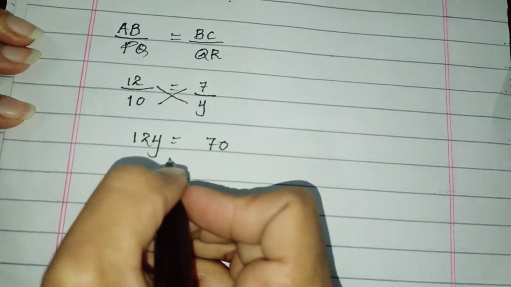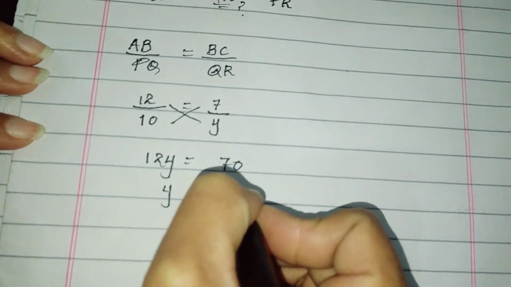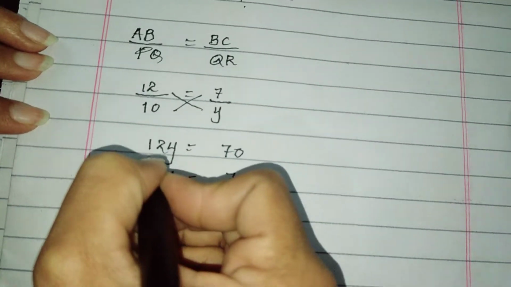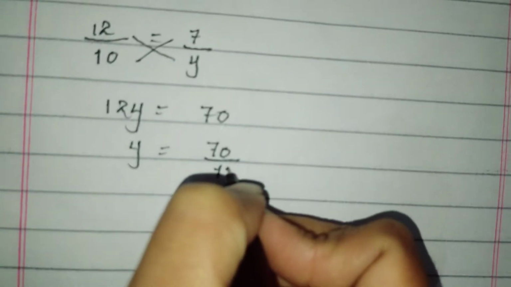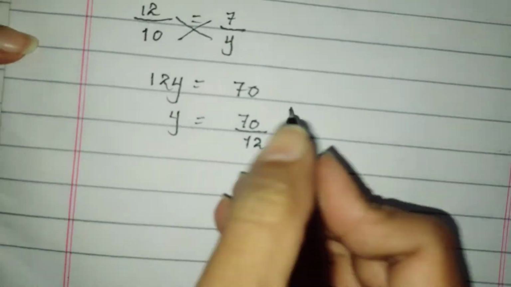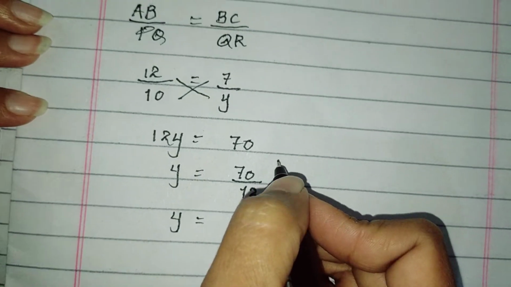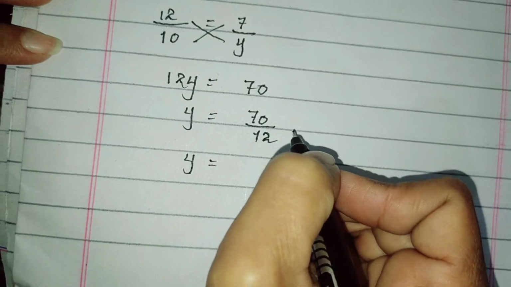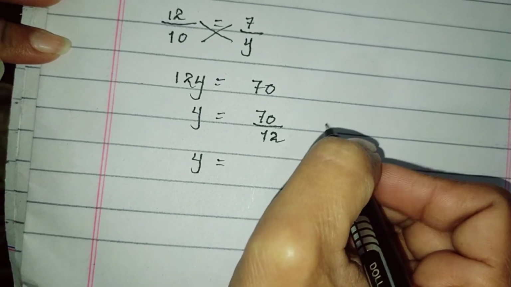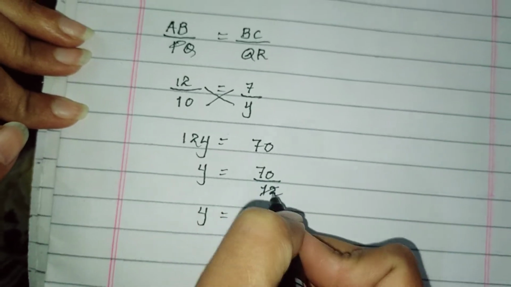We have to find the value of Y, so Y is equal to 70 over 12, as the 12 which is multiplied here will be divided on the other side. You can divide 70 by 12 on your calculator and get a decimal value, or you can find the answer in fraction form.